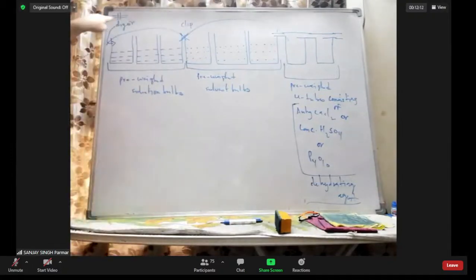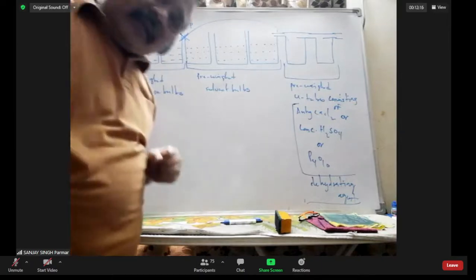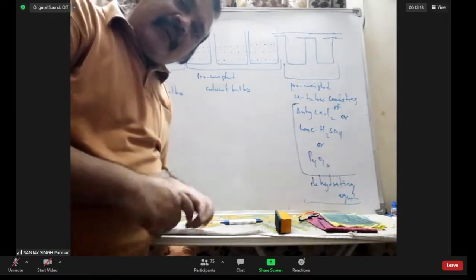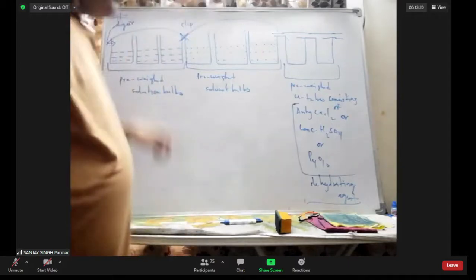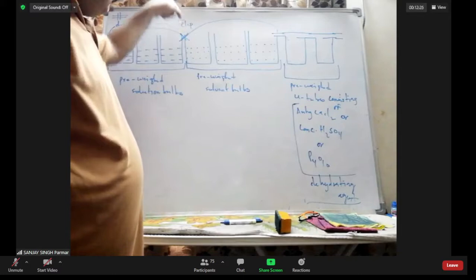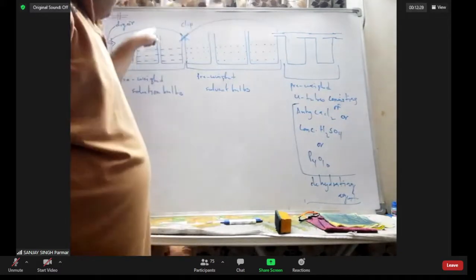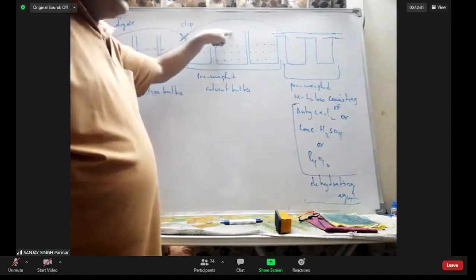And here we are passing the dry air. What is the job of the clip? The clip is just behaving like a valve. It is not allowing the vapor to enter here, and therefore the clip is inserted. Once we remove the clip, then vapor from here can move this side.